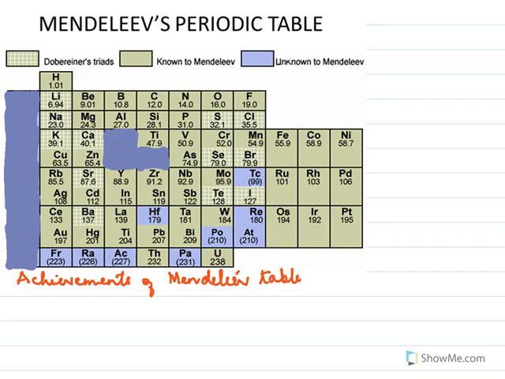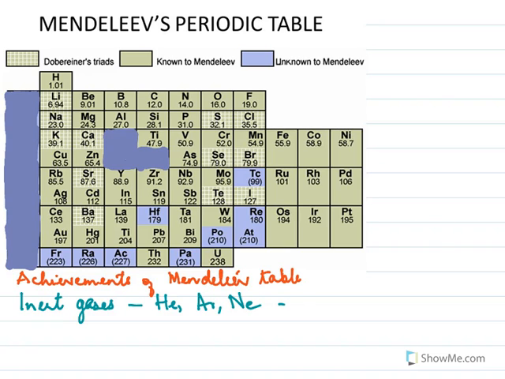We'll now go into the achievements of Mendeleev's table, or the advantages of Mendeleev's table. One important advantage was the inert gases. Now, we know what inert gases are. Examples of inert gases are helium, argon, neon, krypton, and so on.